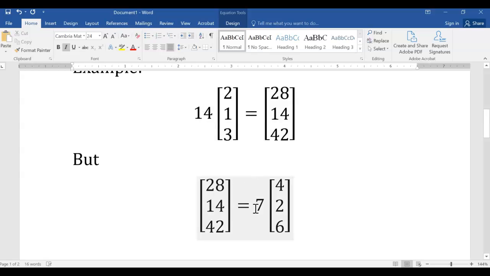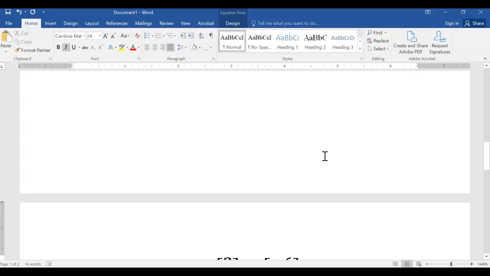We went from 14 to 7 because to go from (2, 1, 3) to (4, 2, 6), I just need to double those entries. So (4, 2, 6) is a scalar multiple of 2 times (2, 1, 3). If you divide the coefficient 14 by 2 and get 7, then 7 times (4, 2, 6) gives you the exact same vector you got by multiplying 14 times (2, 1, 3). Now this can be done for any vector we want.